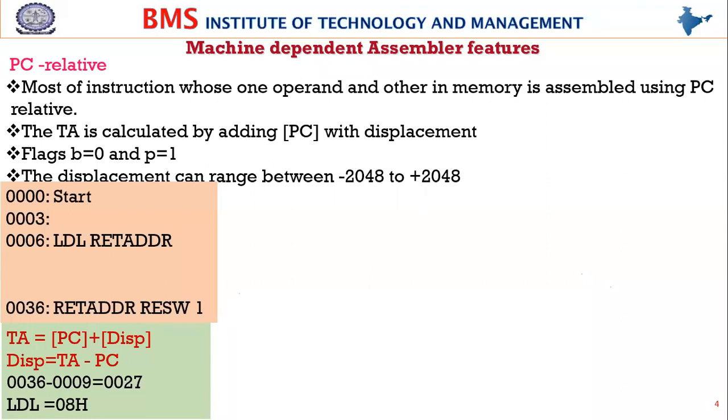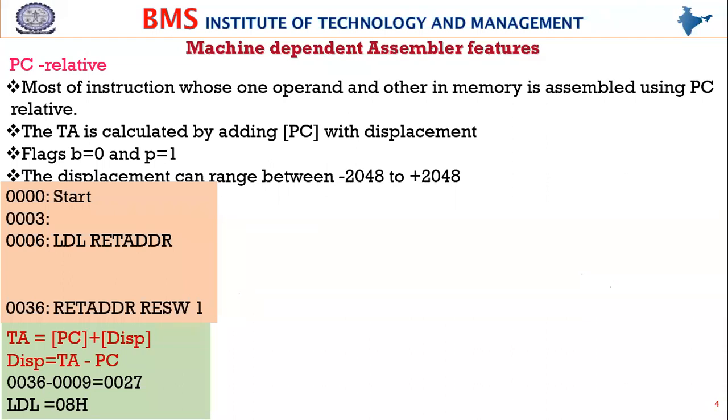So the LDL opcode is 08, but here one more issue arises with the format 3 instructions. What is that? We will have the opcode not of 8 bits, but only of 6 bits. I am repeating, in format 3 instructions, we'll have the opcode not of 8 bits, but of 6 bits.